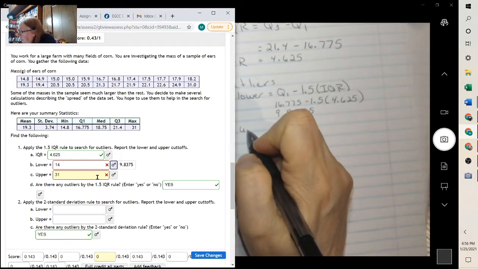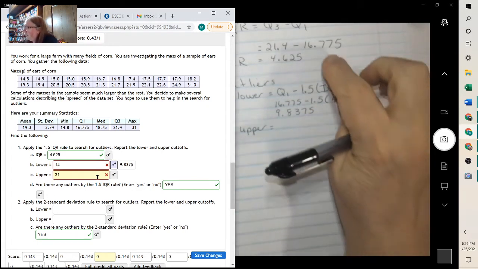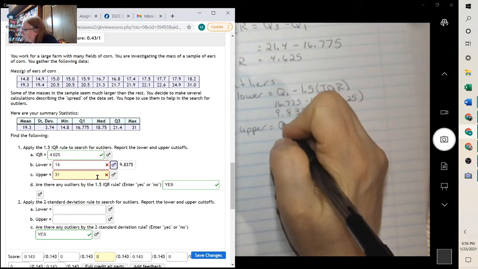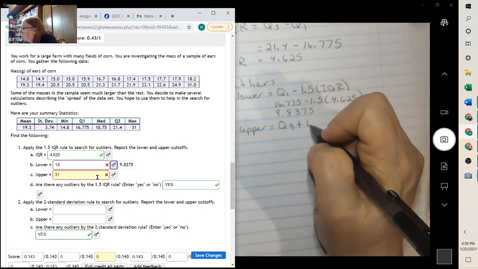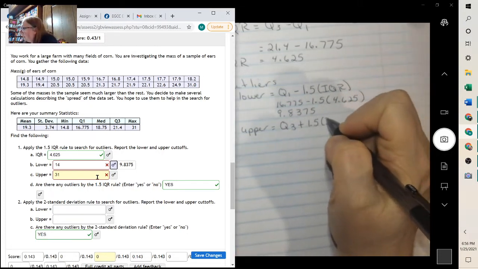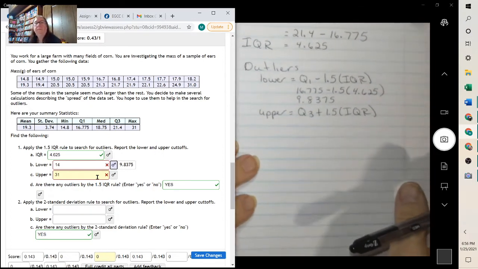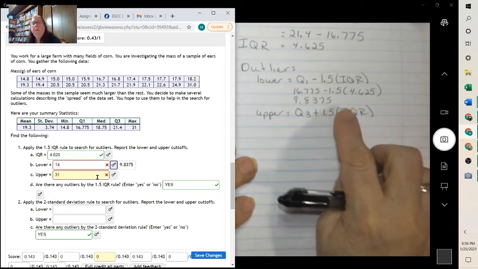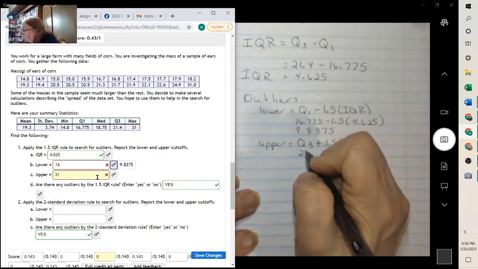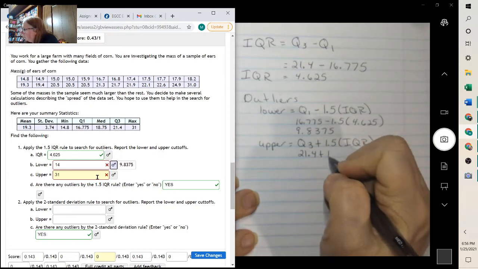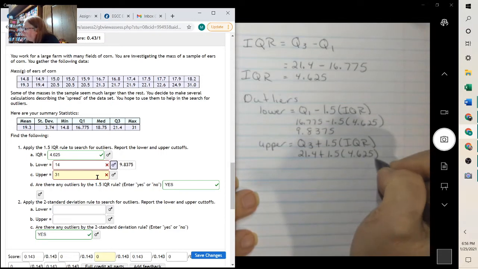To find the upper outliers, they need to be above the upper. And the upper one takes the higher quartile, Q3, and then it wants to get above that, so it adds the 1.5 times the IQR. Q3 was 21.4 plus 1.5 times 4.625.